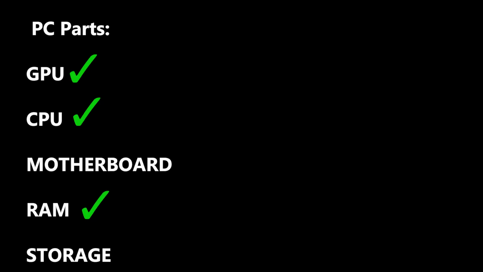Now, it is important that you focus on these, but then don't skimp on the other parts. Like, for example, don't buy a no-name power supply that would burn your house down. That's not worth it.